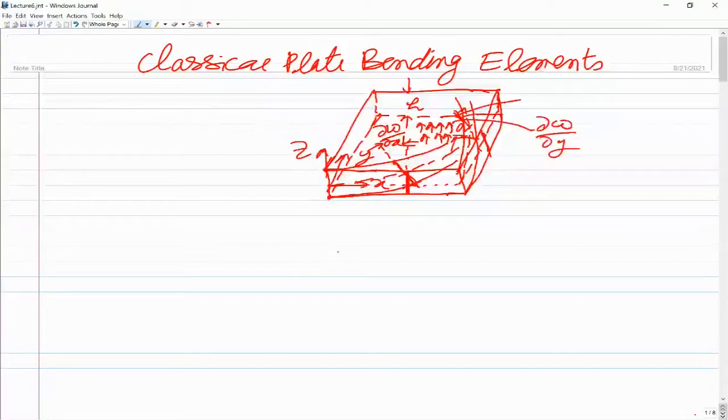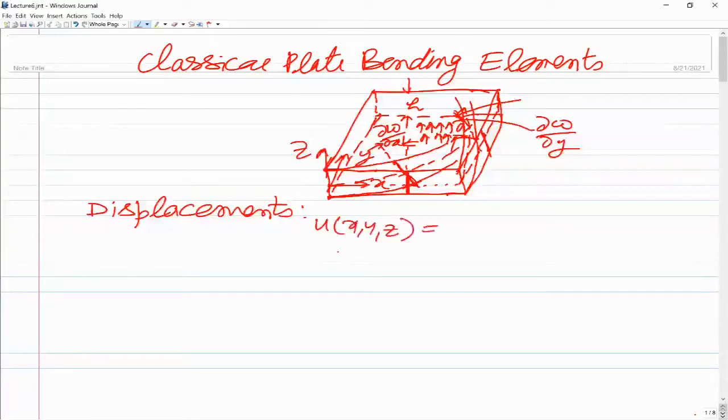Now if you look at the displacements, the basic idea is that we start with the displacement along the x direction, say u, which is a function of x, y and z. If you look at the xz face, let me draw that separately. This is the xz face, this is the middle surface, and then it deforms like this.